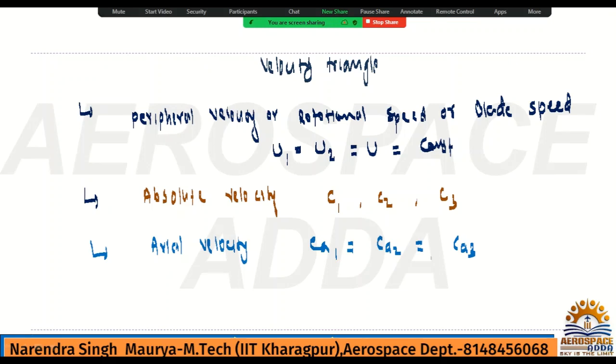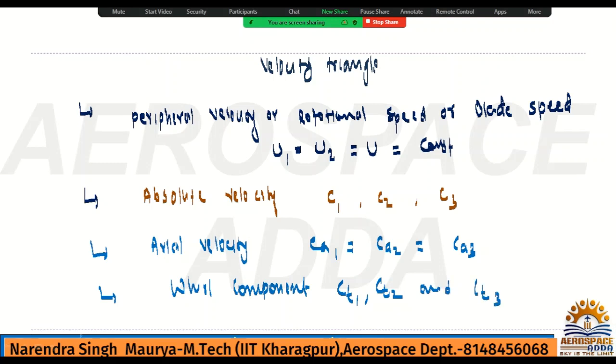And at the same time the tangential (whirl) component, which is nothing but CT1, CT2 and CT3.